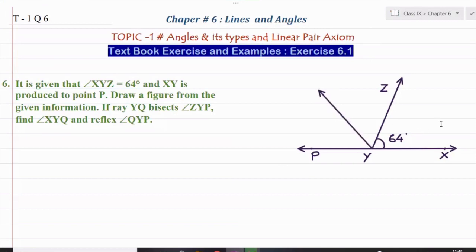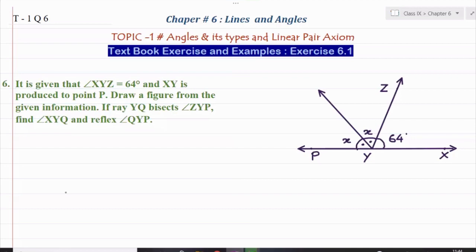So this angle and this angle, these two angles will be absolutely equal. For example, I can take each as x over here because both are equal. Now we need to find the value of angle XYQ and the reflex angle QYP.